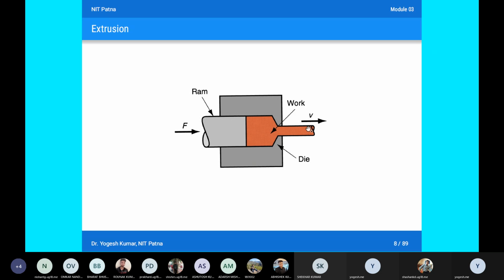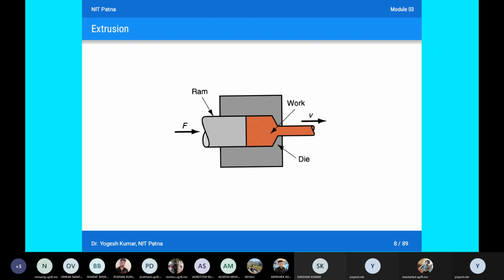So this metal block is extruded through this die opening, and this is your final product, which is produced using extrusion processes.